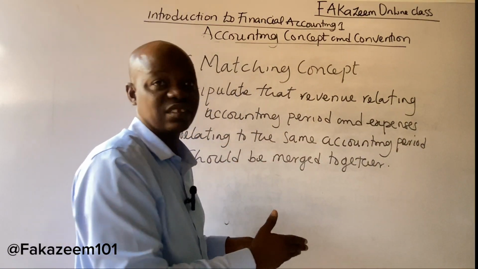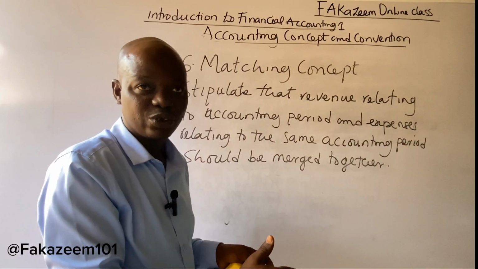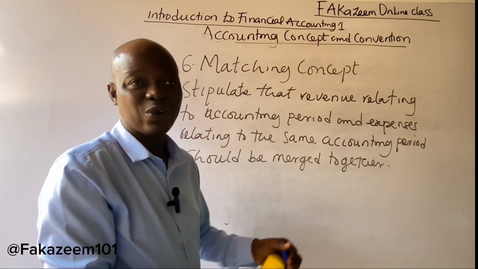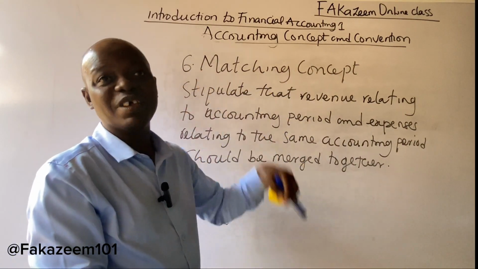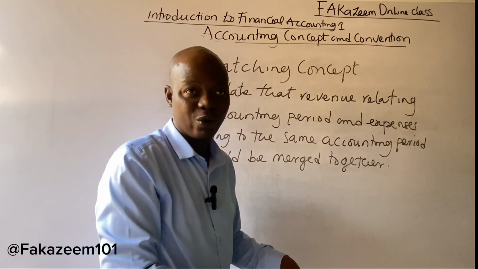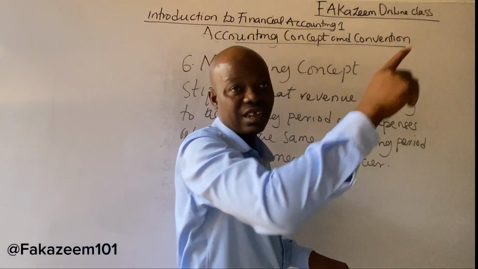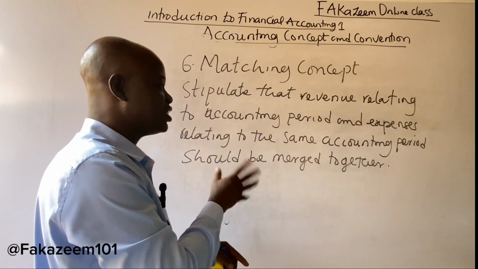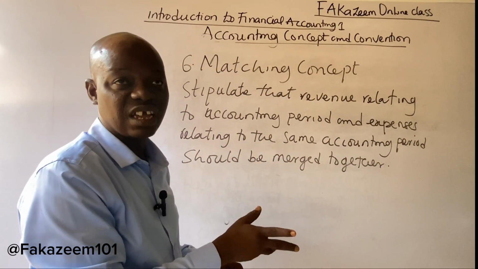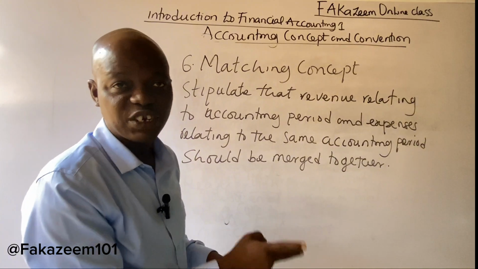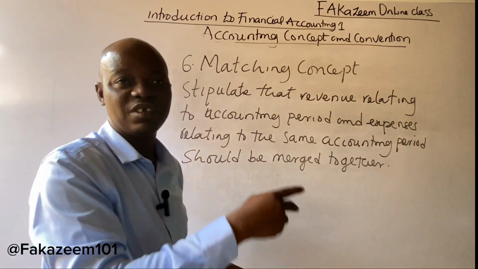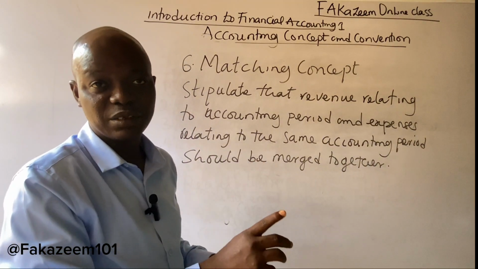These are lessons that accountants are not to deduct revenue of a previous year from expenses of a current year, or revenue of a current year from expenses of another year. What this concept is saying is that you can only merge revenue and expenses of the same year, in the same accounting period.